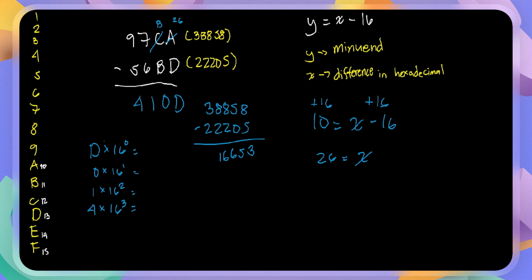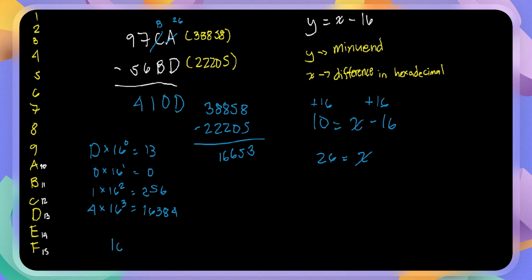16 raised to 0 is going to be 1, so that's just D times 1, which is 13. 0 times any number is 0. 1 times any number is the number, so 16 raised to 2 is 256. I'm using a calculator right now, but I don't think your professors will allow you to use one. 16 raised to 3 times 4 is 16,384.